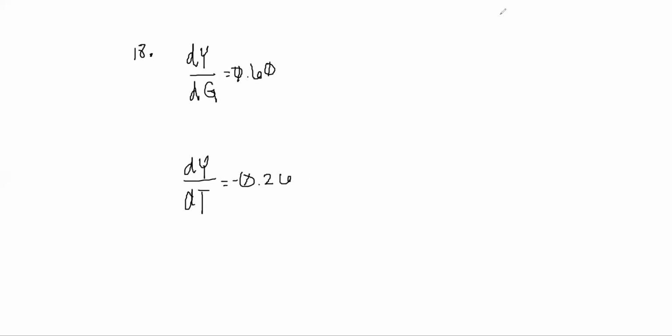All right, so this first one, we're going to say it's about the rate of change of Y, which is U.S. output of goods with respect to government purchases.